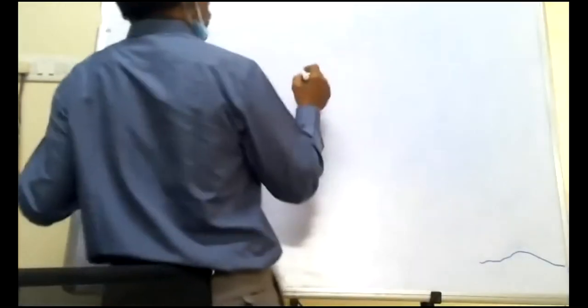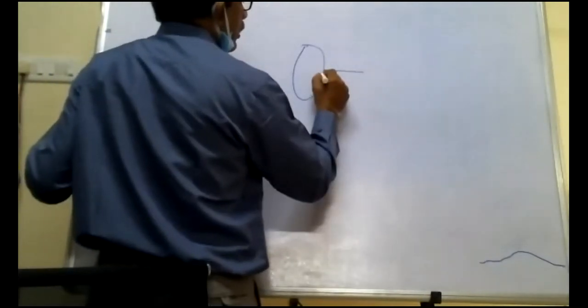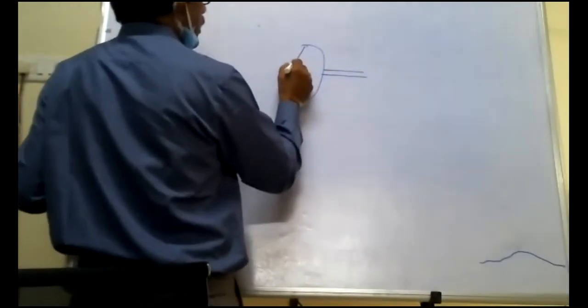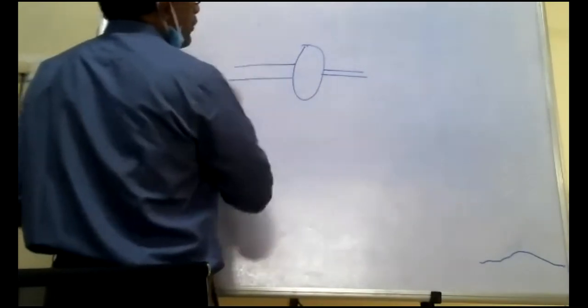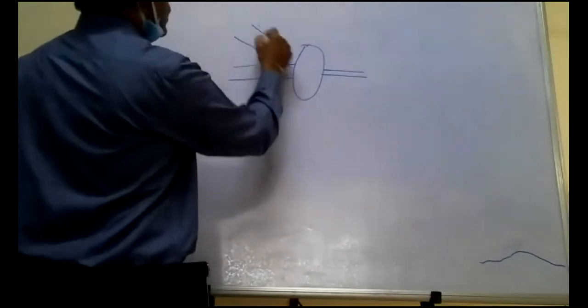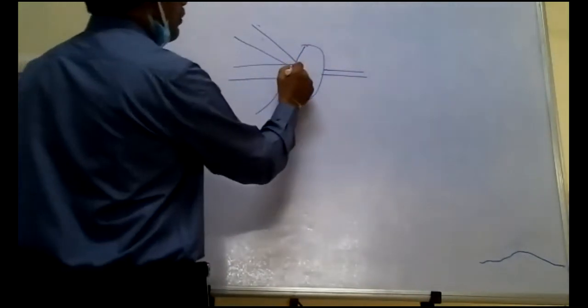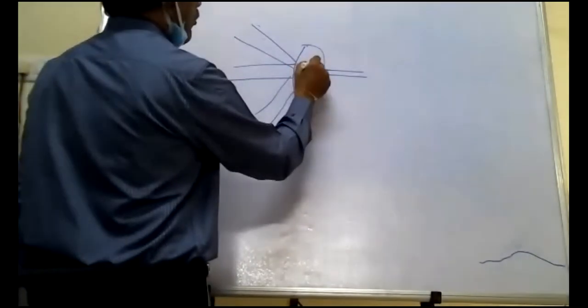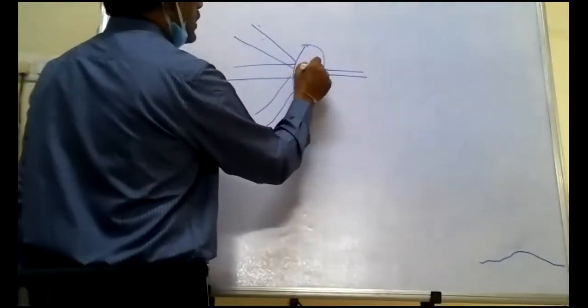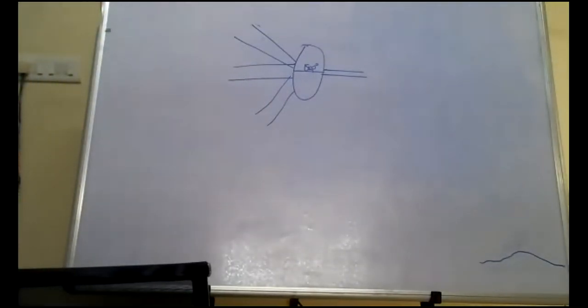So suppose this is the swelling. Torch should be here. Luminoscope should be here. Not like this or not like this. It should be 180 degrees. So that is the exact position.